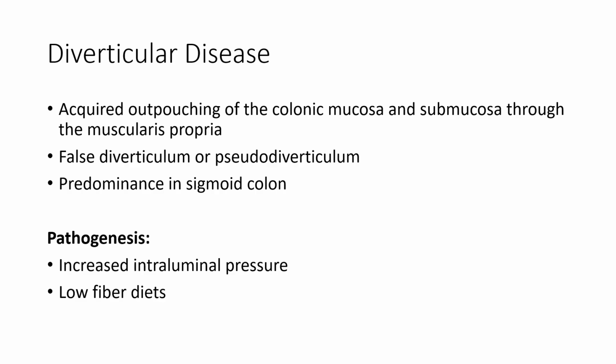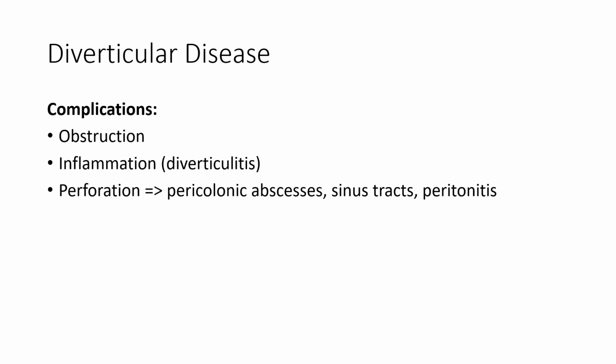They are caused by elevated intraluminal pressure, which leads to mucosal herniation through the anatomic weak points in the muscularis propria. A low fiber diet also contributes to the formation of diverticula. Complications of diverticular disease include obstruction, where the diverticulum can get obstructed, and obstruction can induce inflammation, leading to diverticulitis.